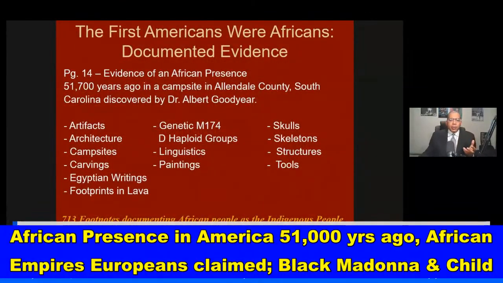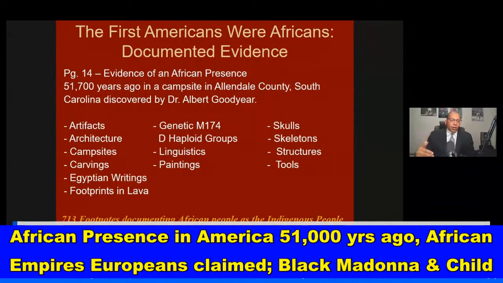Page 14 of his book deals with a discovery made in Allendale County, South Carolina in 2004 by Dr. Albert Goodyear. They found 13 different types of evidence that thoroughly documented African presence in the Americas, dating back at least 51,700 years ago.